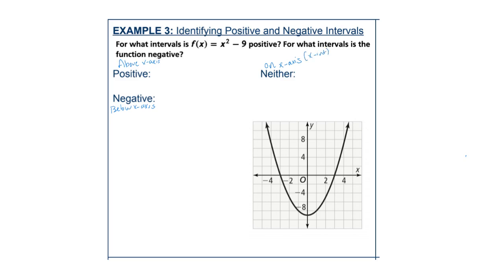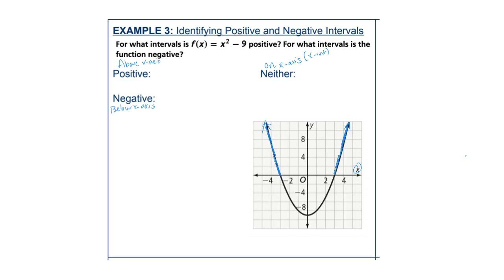Okay. Now, what we can do is just put this into interval notation. So we're going to represent the positives above the x-axis. So right here, see how it's above it? Okay, anything above this x-axis. So you can see there's going to be two parts to the positive.